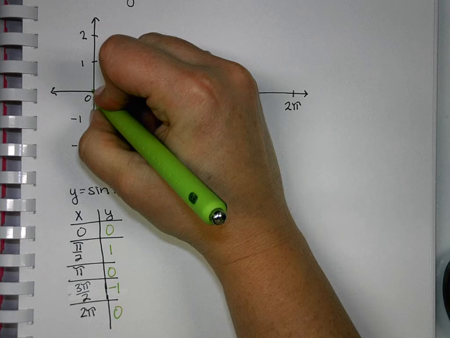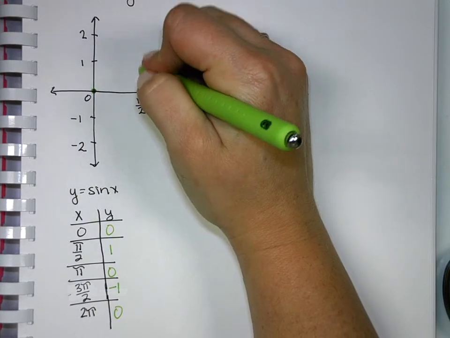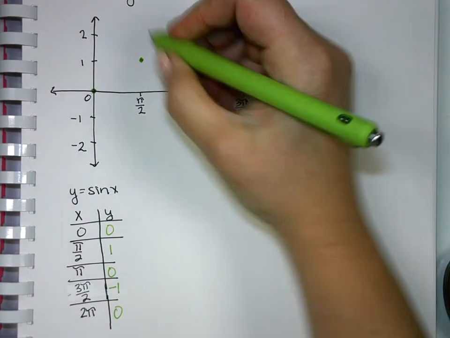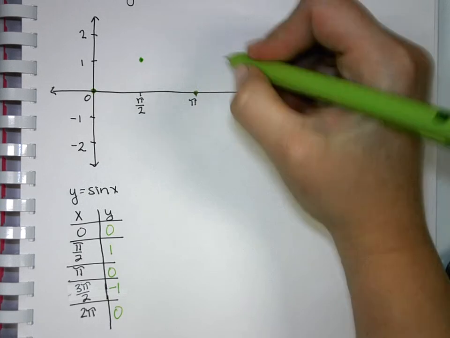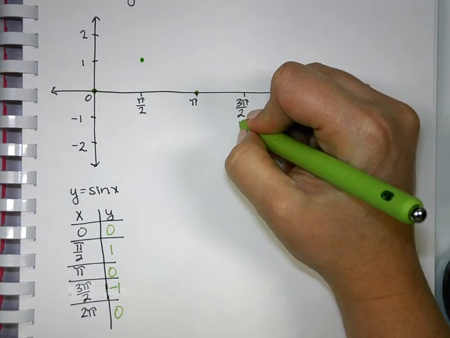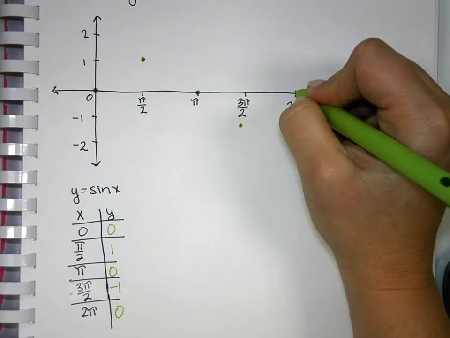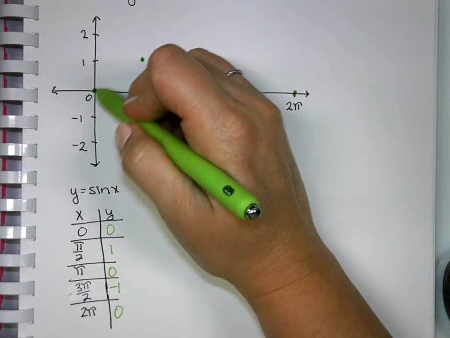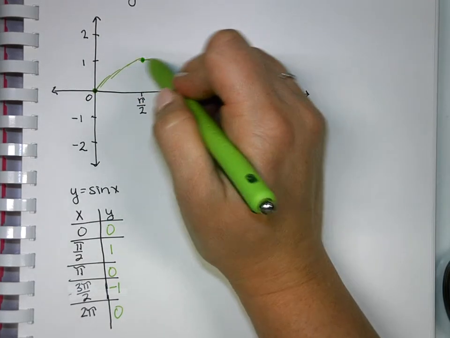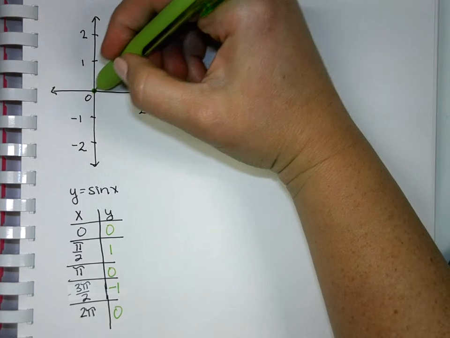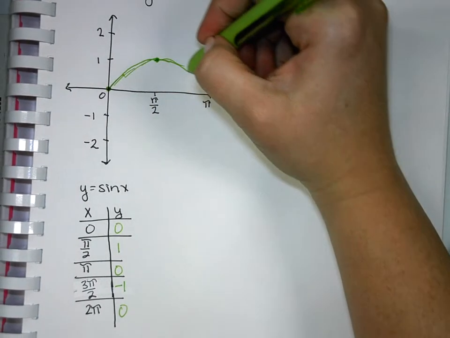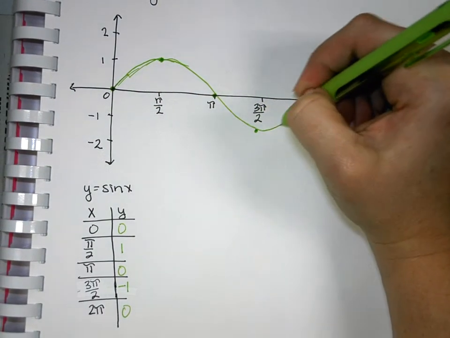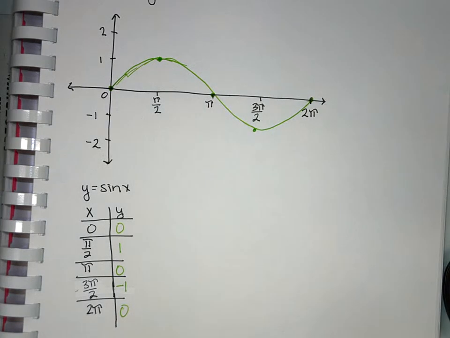So 0, 0, pi over 2, 1, pi, comma 0, 3 pi over 2, negative 1, and 2 pi, 0. So that when I connect them, I have my sine graph. So again, this one's called the parent graph because we haven't made any alterations to it.